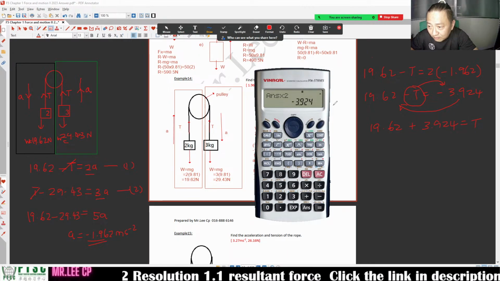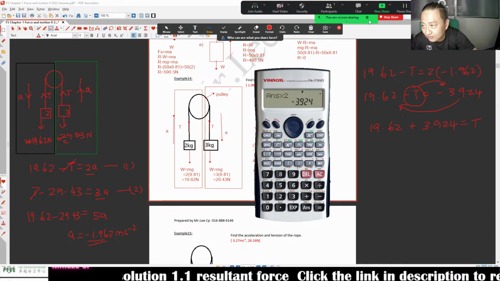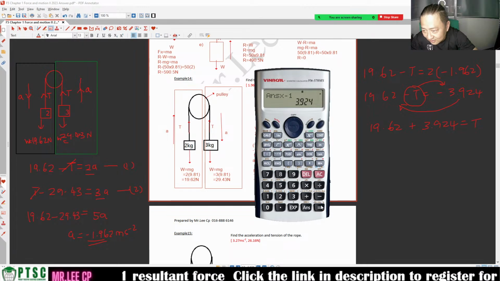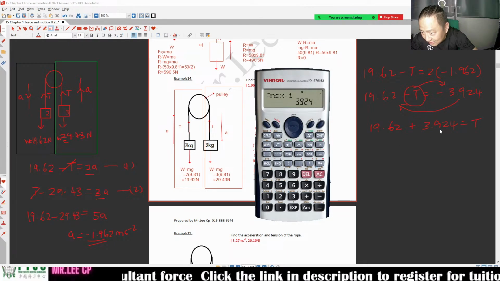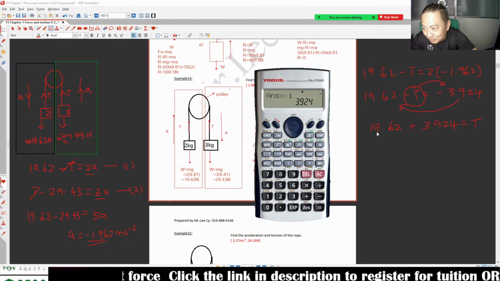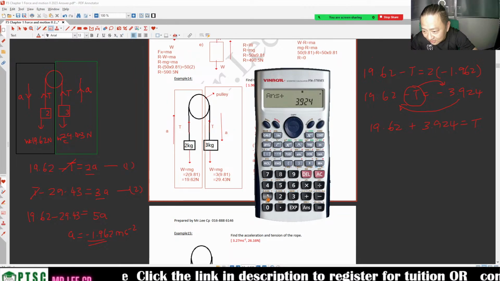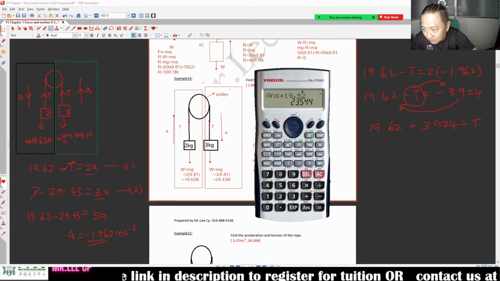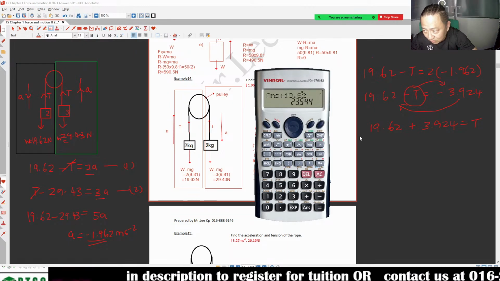So I press it. I'm lazy to press, I times negative 1. 3.924 plus 19.62. That gives 33.544, my tension.